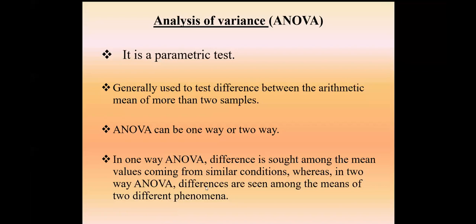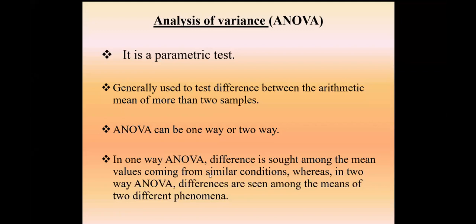This could be one way or two way. ANOVA could be of two types. When we try to study a single parameter and difference among those samples, considering a single parameter, then that becomes one way ANOVA.